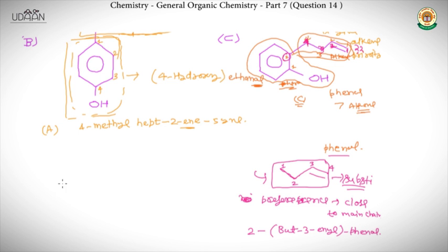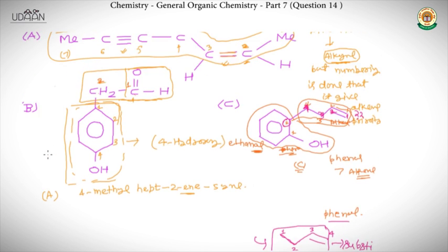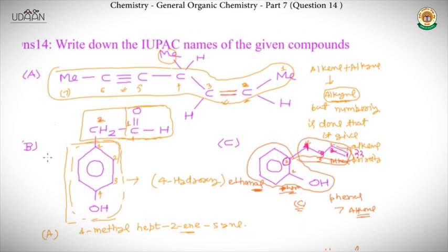Always pay attention to this. When it comes to IUPAC naming, we always take the longest chain, unless the longest chain is less preferred than another functional group. Once we've identified the longest chain, we identify the substituents.